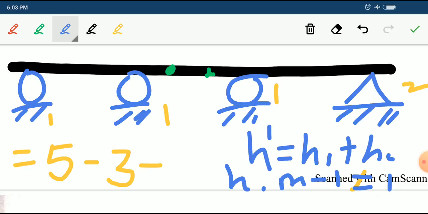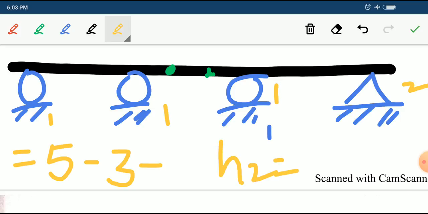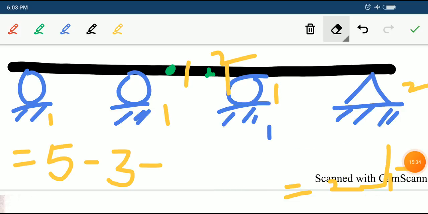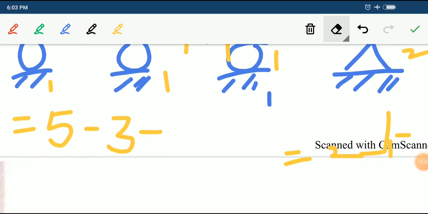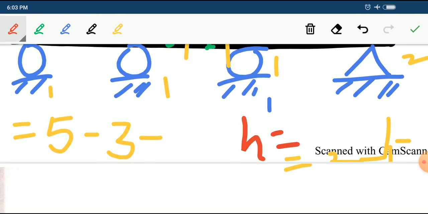H2 is also m minus 1, connected with two members, so that will be 2 minus 1, equal to 1. So total H is equal to 1 plus 1, which is equal to 2.